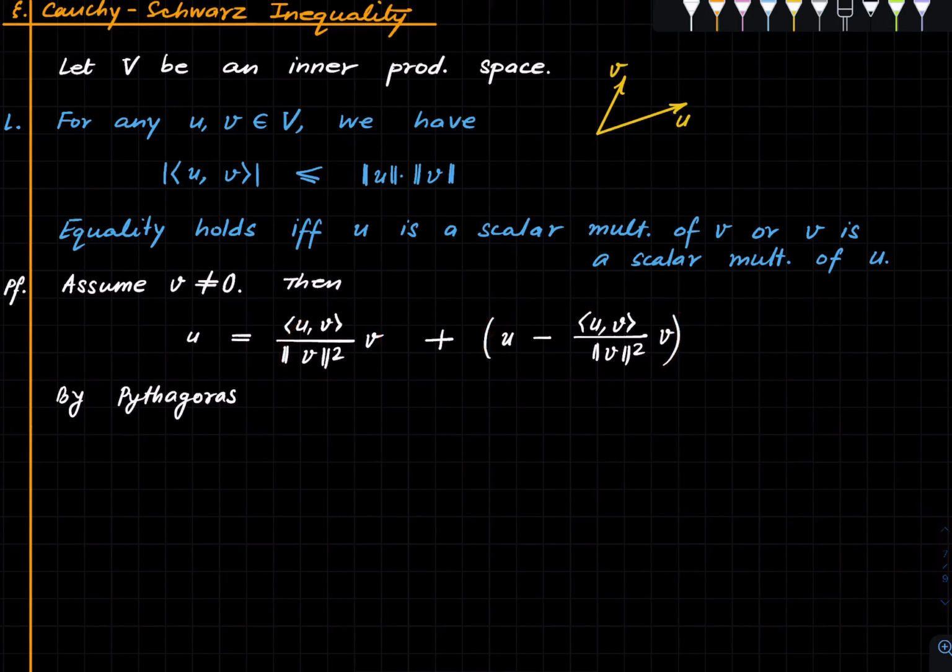So by Pythagoras, we see that the norm of u squared is the square of the norm of that, which I'm going to write. That's the square of the norm of this thing. Why is that?